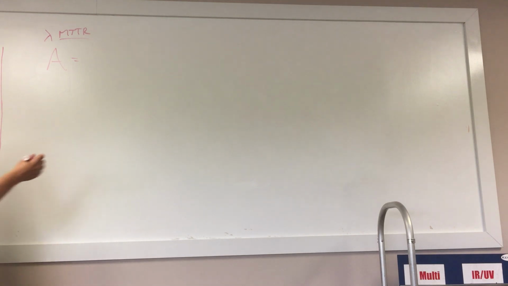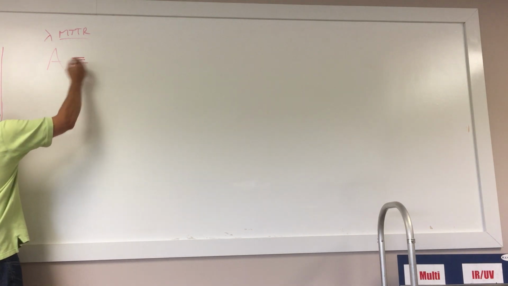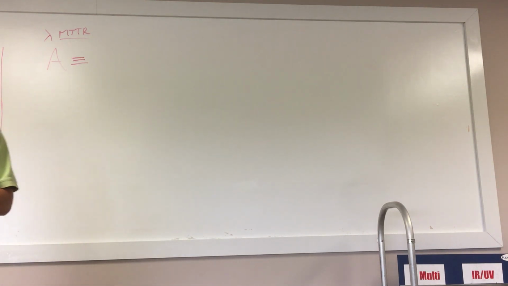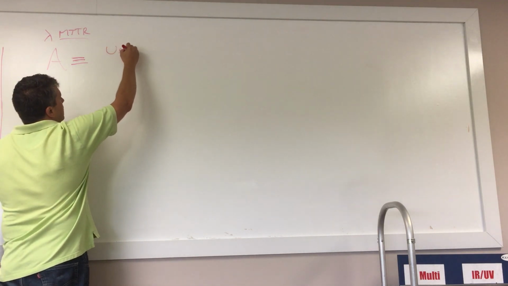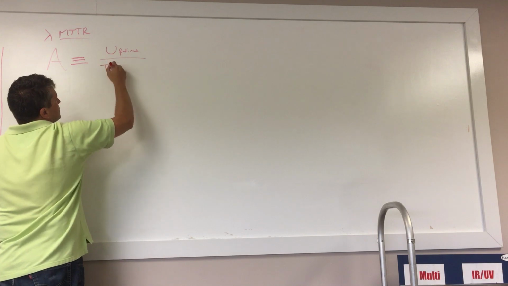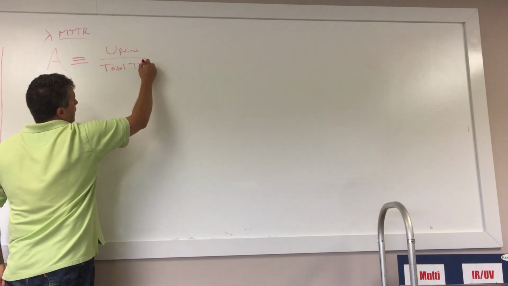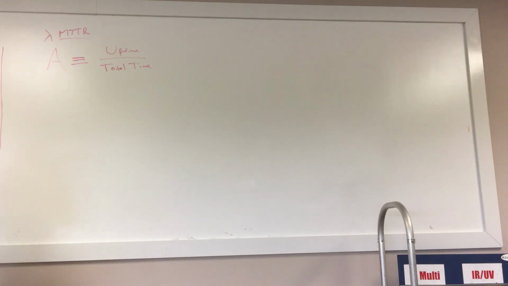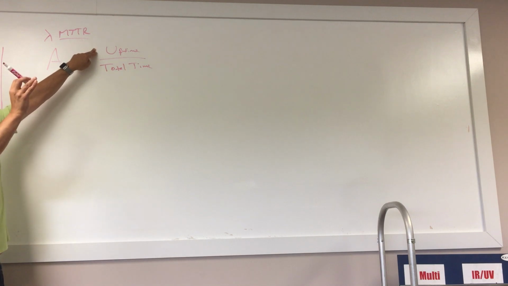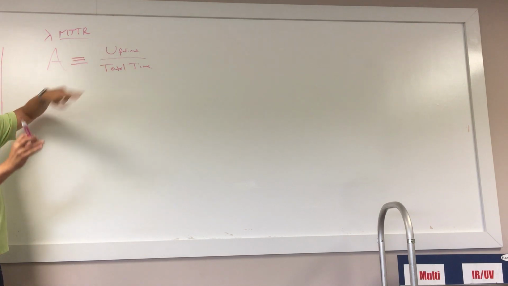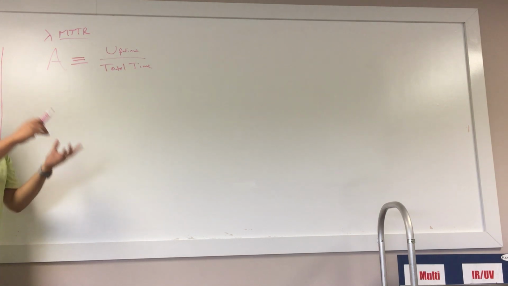The availability, and now we need to make our infamous triple equal, is defined as the uptime over the total time. So that means how long is the light bulb lit, considering the fact that it fails and it's repaired.